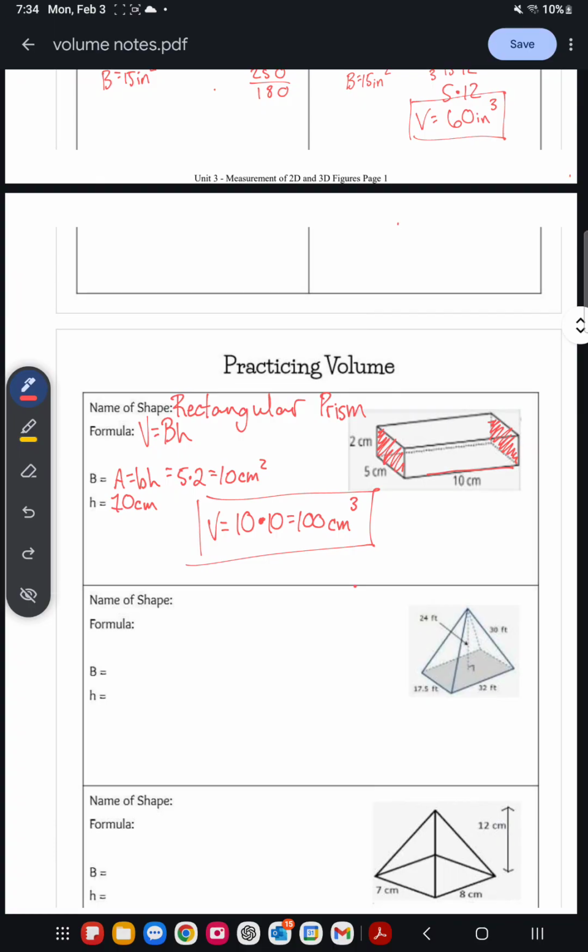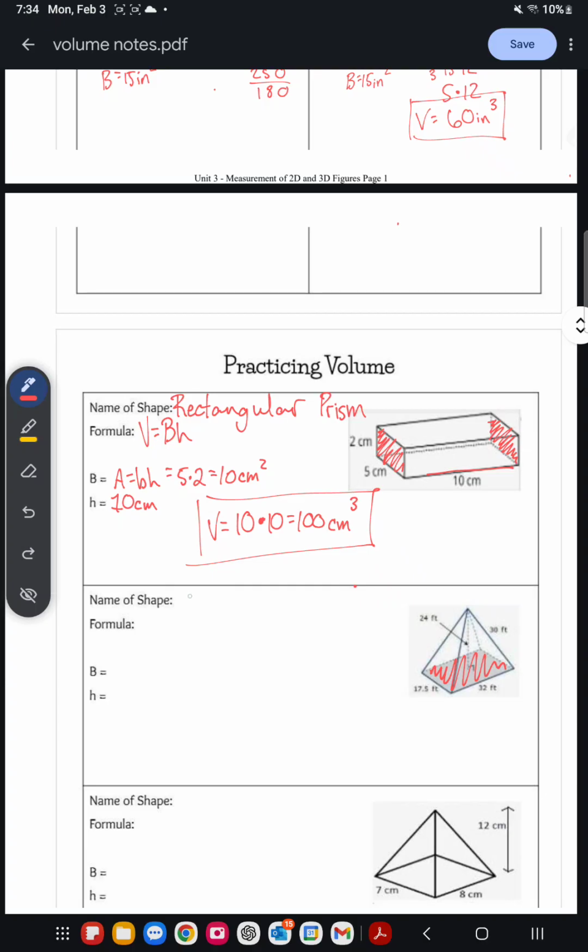So, name the shape. In this case, we know it's a pyramid because it has one base. Also, opposite that one base is a point, pyramid. What is the shape of the base?